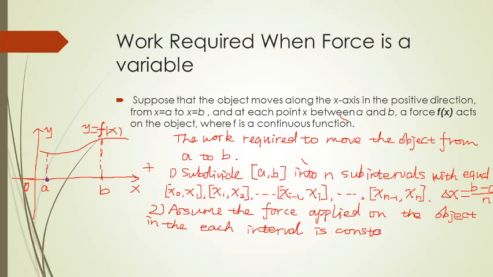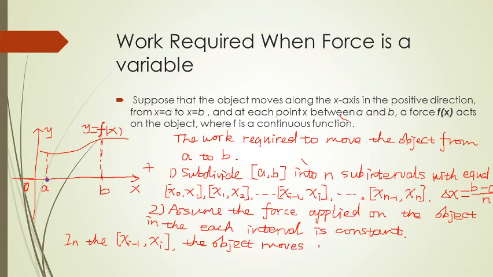It's a very small distance. What is the distance? The object moves in the i-th subinterval, delta x, right? In the i-th subinterval, from x(i-1) to xi, the object moves delta x distance.